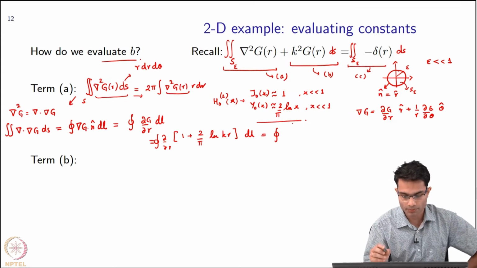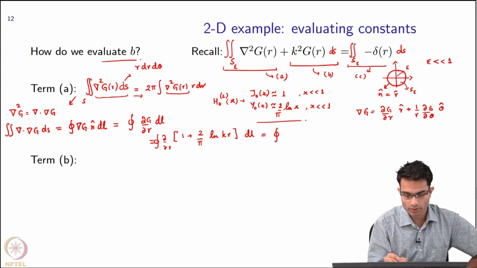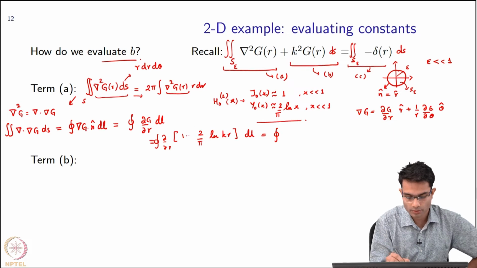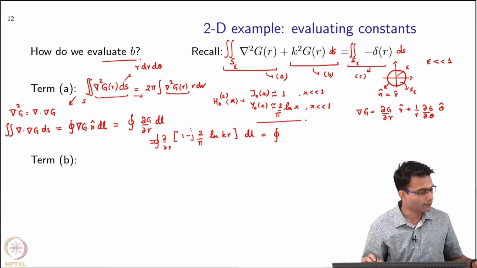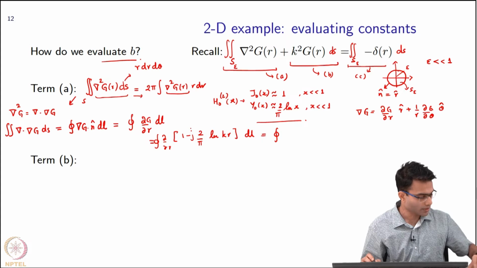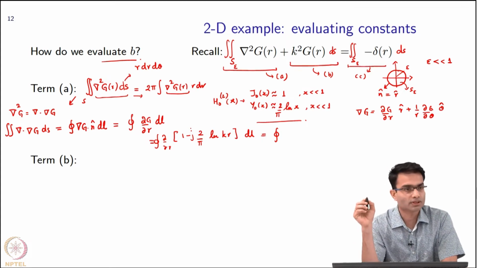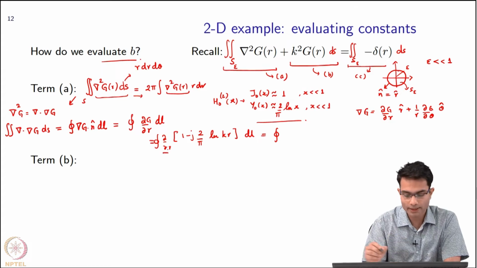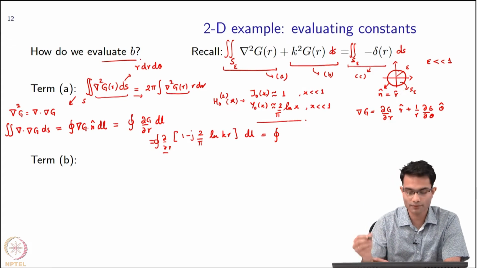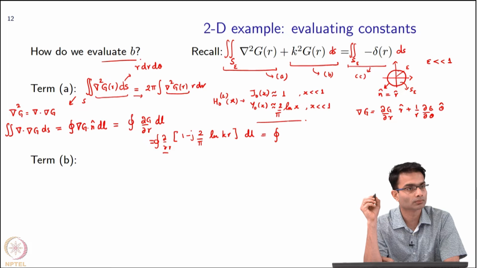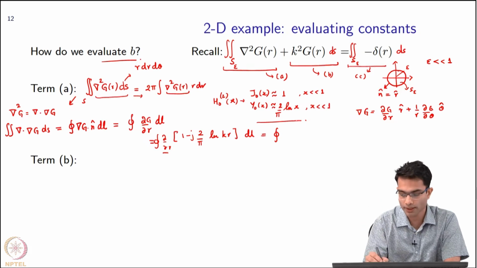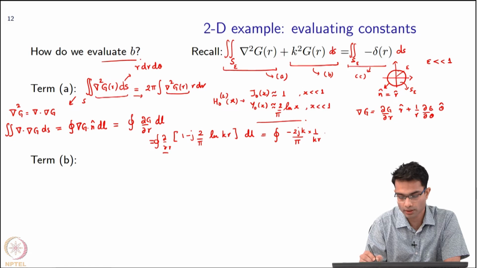Oh, you are right, there should be a minus j here, right, because of the way that I have defined H2, which is J minus jY, right, that is right. So, the first term goes away when I take the d by dr, second term will give me what? What is the derivative of log kr with respect to r?